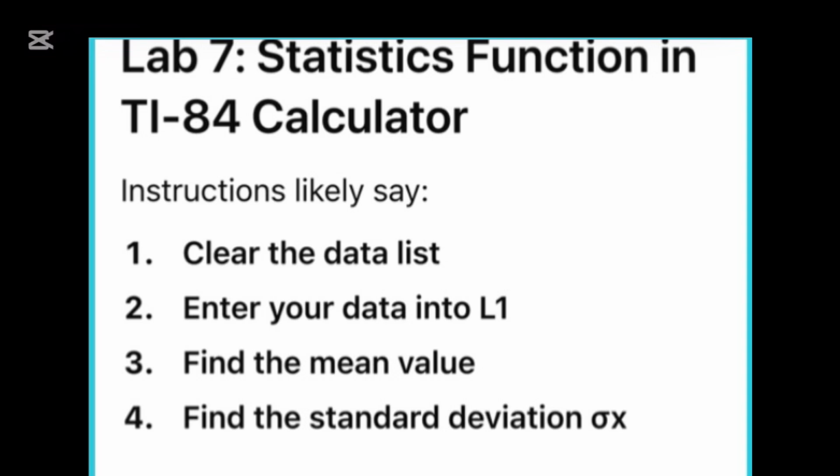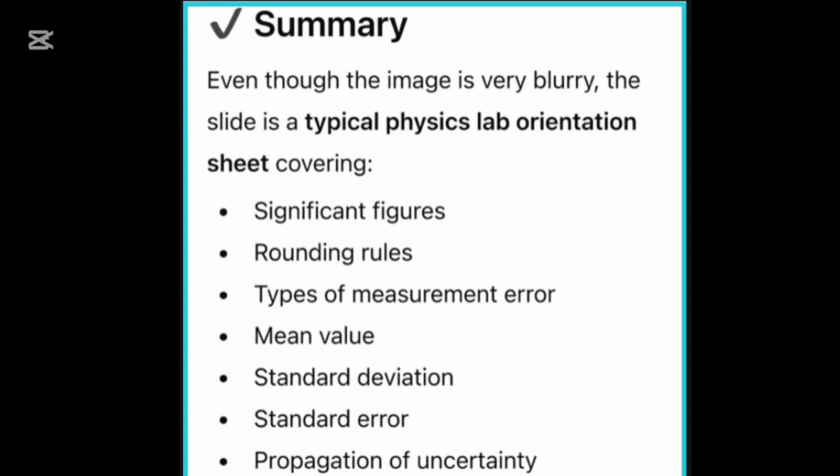So you enter them into your TI calculator statistical package to find the average. The three methodologies you need to master. This is very common, not just for physics, science, chemistry, biology, as well as social science.